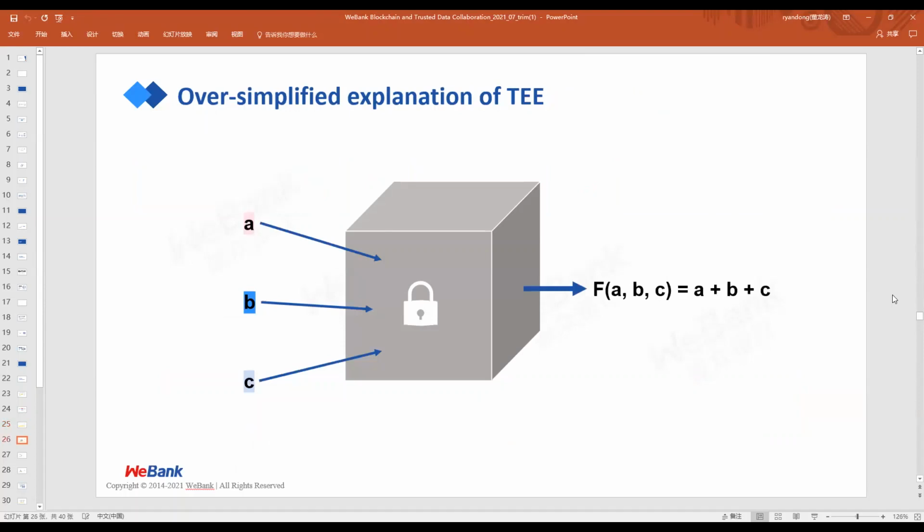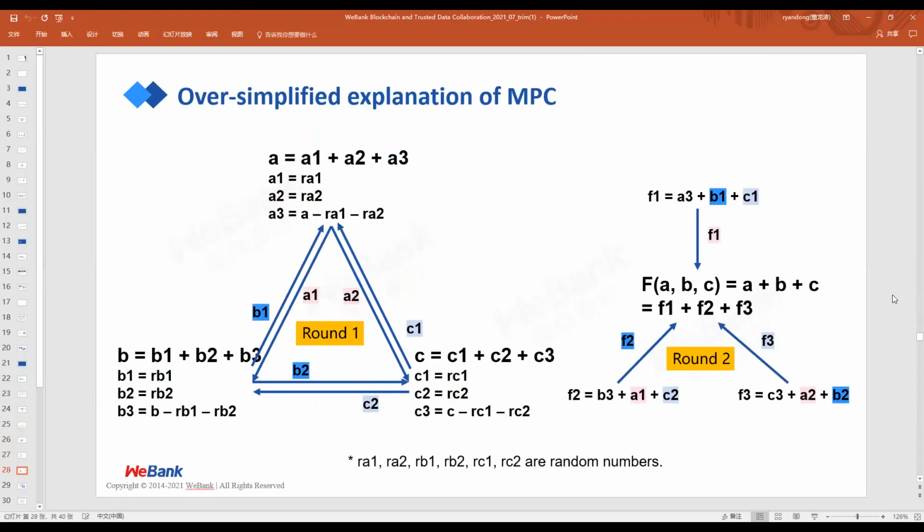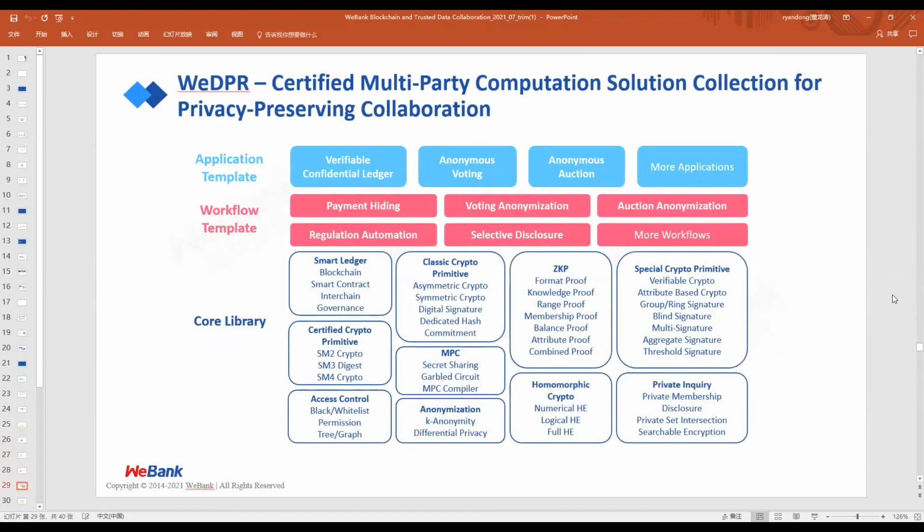Given the limited time, I can just skip some slides. You can read them later, as they explain how things work behind this technology. Then we move to the next part, about VDPR. VDPR is our effort to build a collection of technologies to help address this privacy concern.